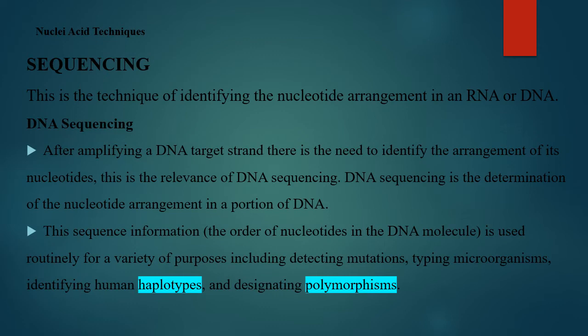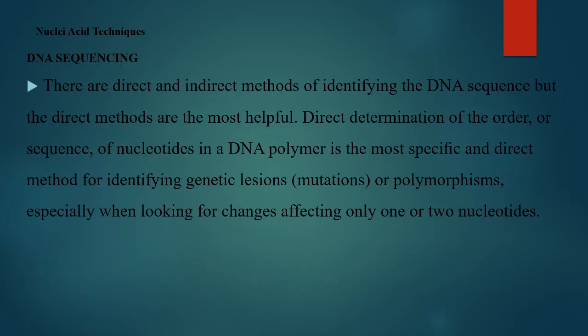So that's DNA sequencing. Now there are direct and indirect methods of identifying the DNA sequence, but the direct methods are the most useful or the most helpful. A direct determination of the order or sequence of nucleotides in a DNA polymer gives the most specific and direct method for identifying genetic mutations or polymorphisms.